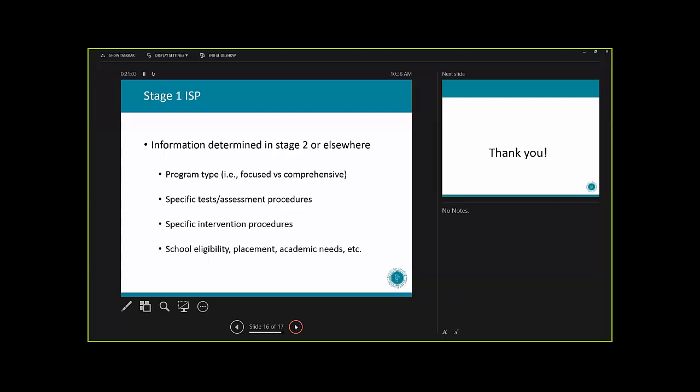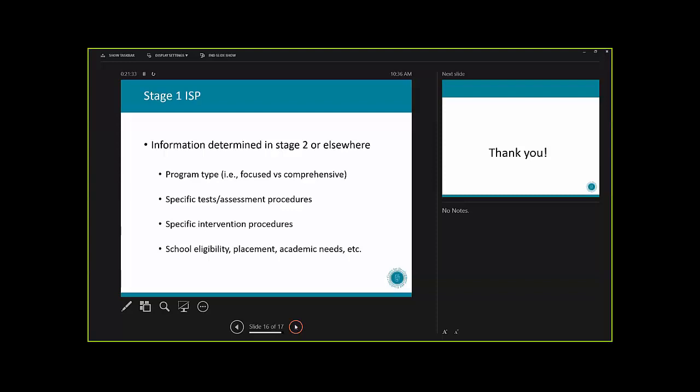Specific intervention procedures, again, there might be broad goals around a need to increase social communication, and that's the goal, as opposed to giving an explicit procedure to say this is how that should be done, or how to reduce challenging behavior, for example. That might be the broad goal, but not a specific intervention mention. The other piece is that school eligibility, the placement within different types of school programs, academic needs.